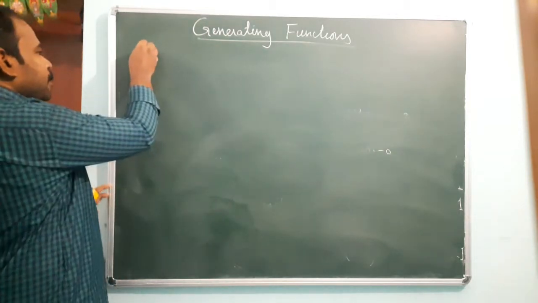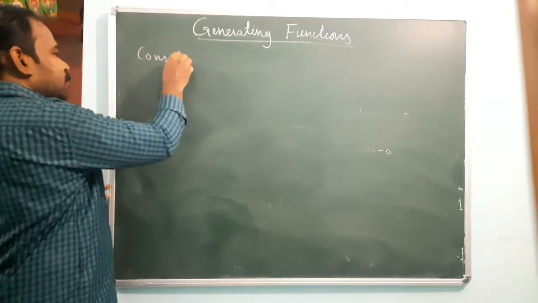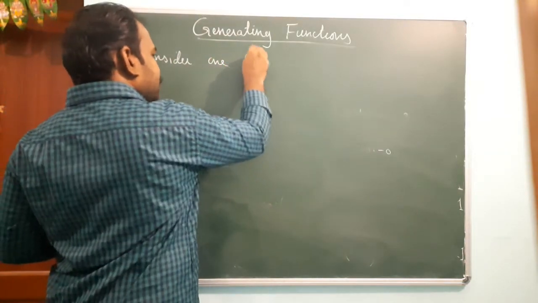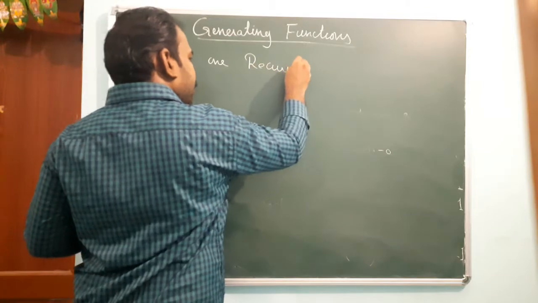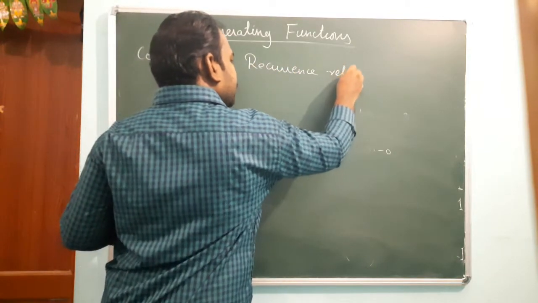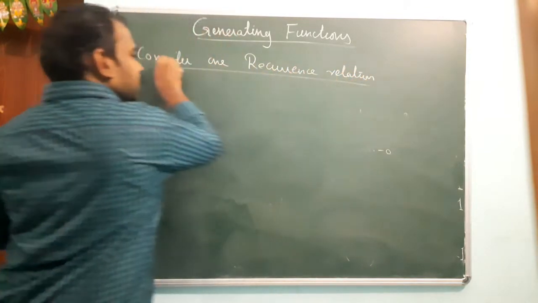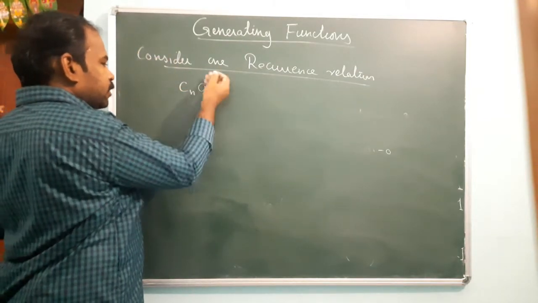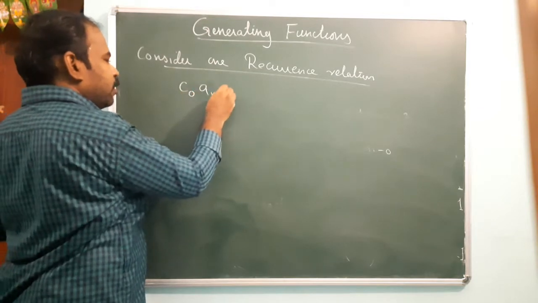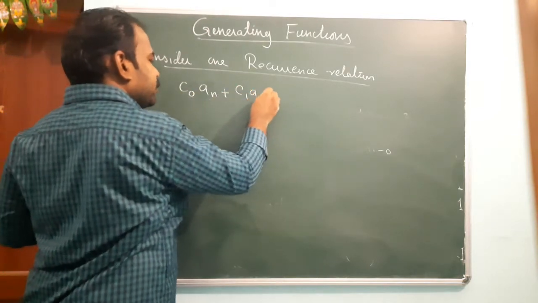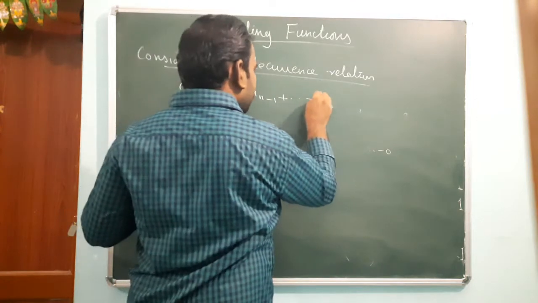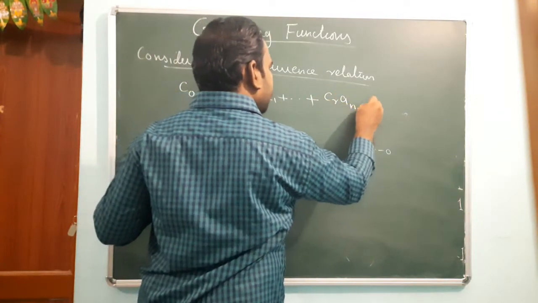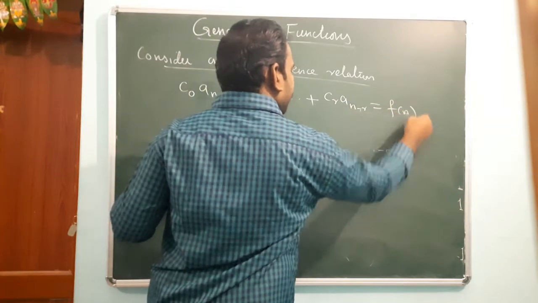For example, consider a recurrence relation: C naught an plus C1 an minus 1 plus etc. plus CR an minus r is equal to f of n.